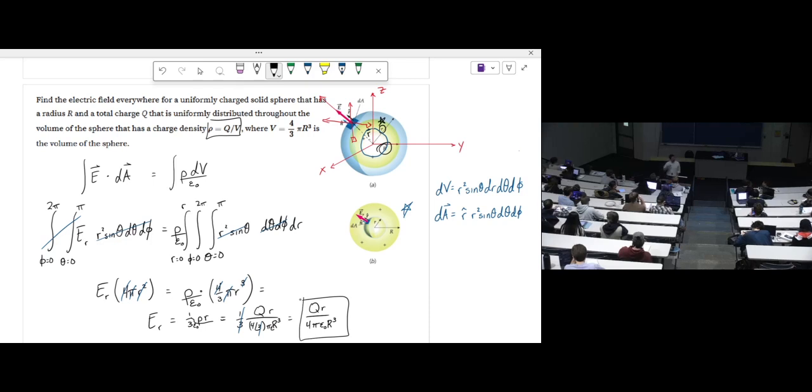Now, if this sphere, if we went back and did part A, does anybody have any intuition about what the correct answer would be if we go back and do part A? Do you expect the electric field to stay the same as you get further away from the charge? Do you expect it to drop as you get further away? Do you expect it to increase as you get further away? What do you get?